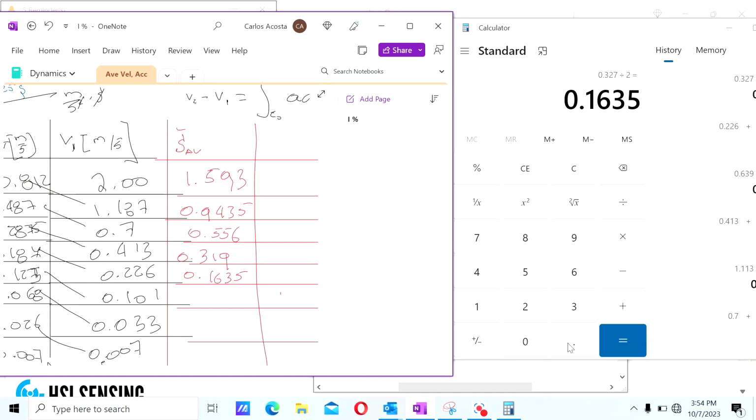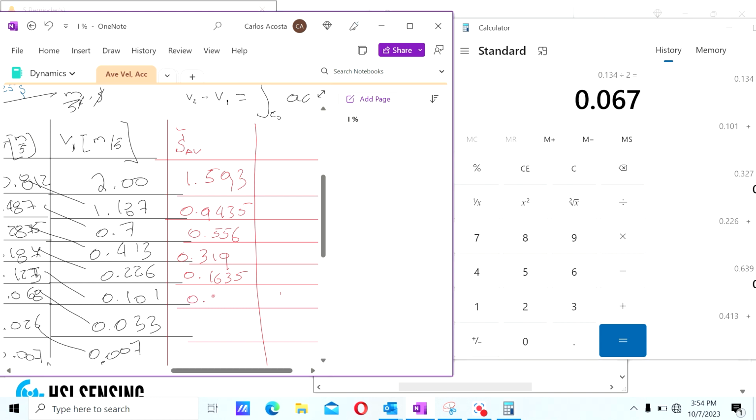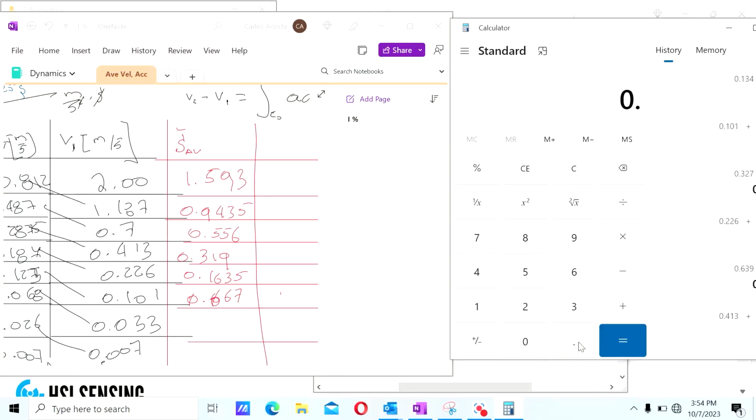Then we have 0.101 plus 0.033, and that is divided by 2. So we have 0.067, so this one is 0.067, yeah.